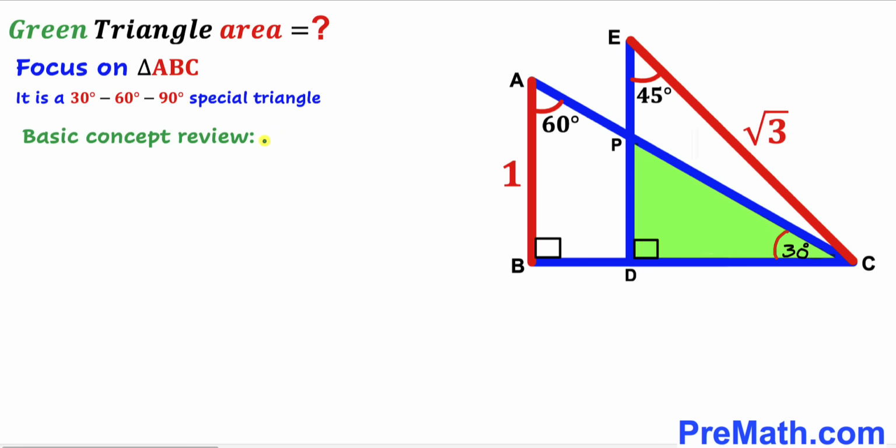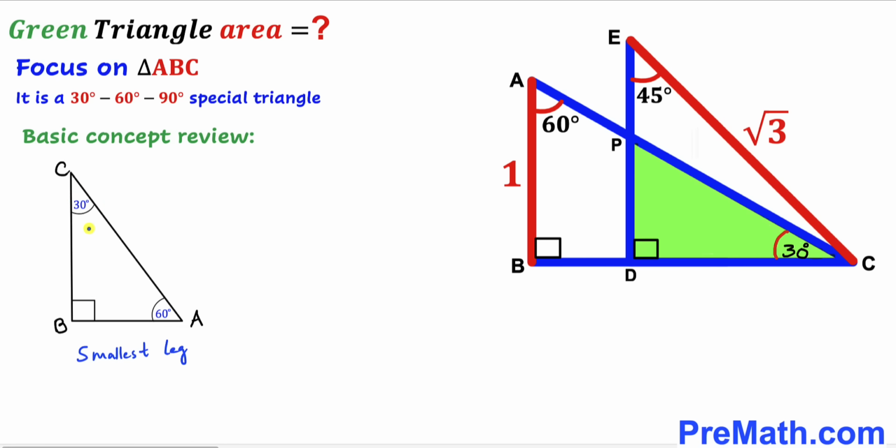Before we proceed any further, let me go over the basic concept. Let's focus on this 30, 60, 90 special triangle ABC. 30 degrees is our smallest angle, whereas 90 degrees is our largest angle. So the side opposite the smallest angle is our smallest leg, and the side opposite the largest angle is our longest leg, also called the hypotenuse.